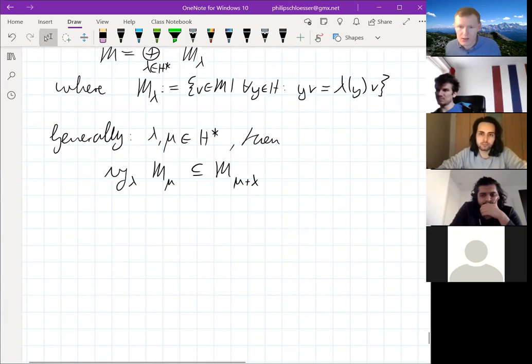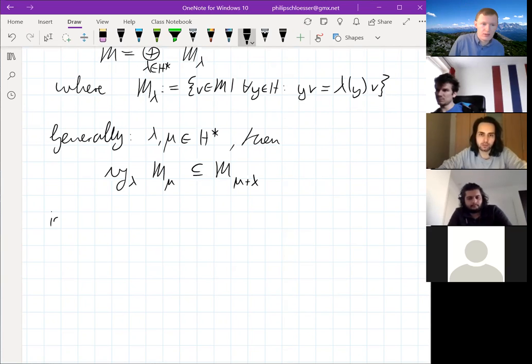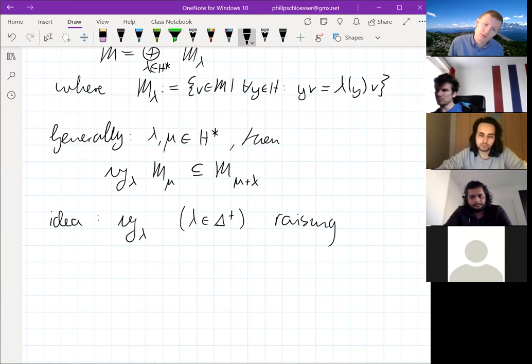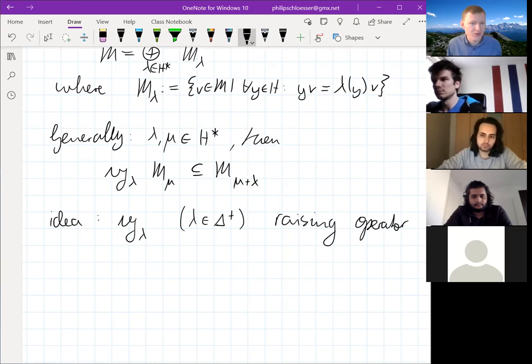So the positive root spaces are what we could call raising operators, or creation operators.